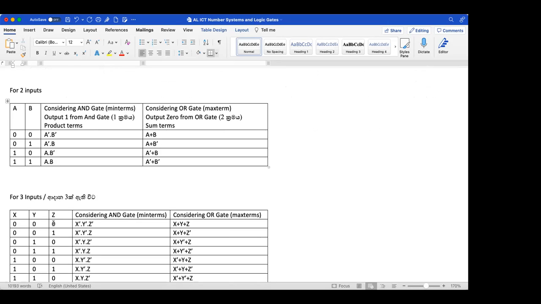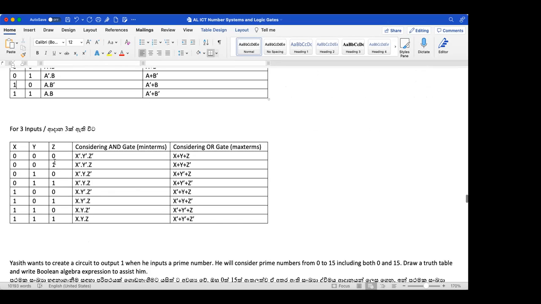Then the next one is 0 0 1 1 0 0 1 1. The third is 4 zeros and 4 ones.